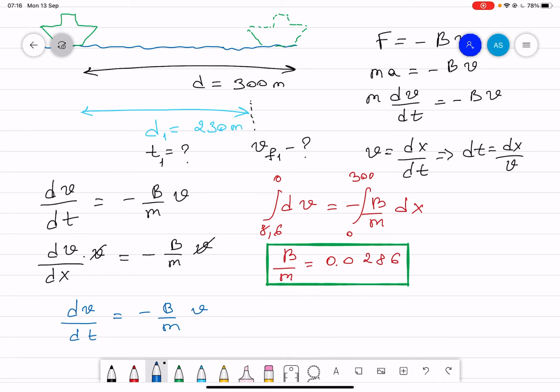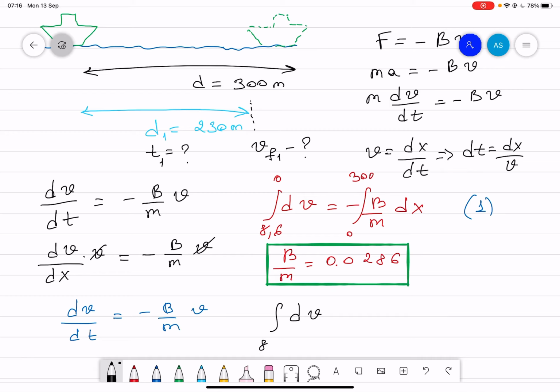From there we have to find the final velocity, but before that, first we have to find what the velocity will be when it has traveled 230 meters. So we have to use this formula again. Then we can say it is the integral of dv.